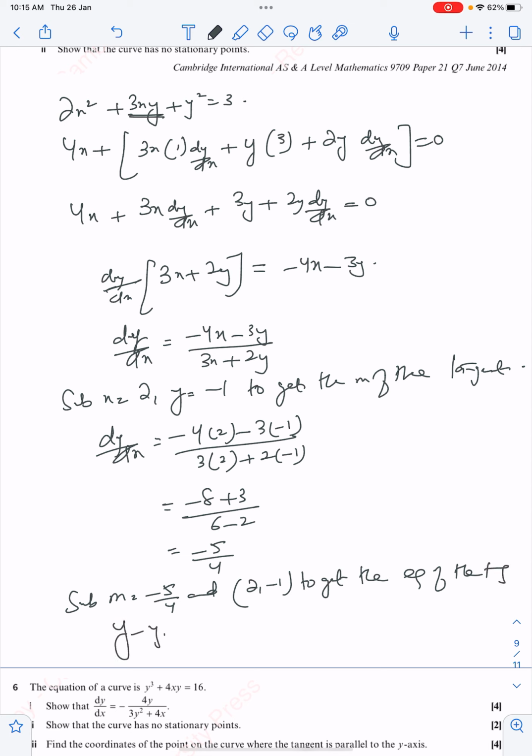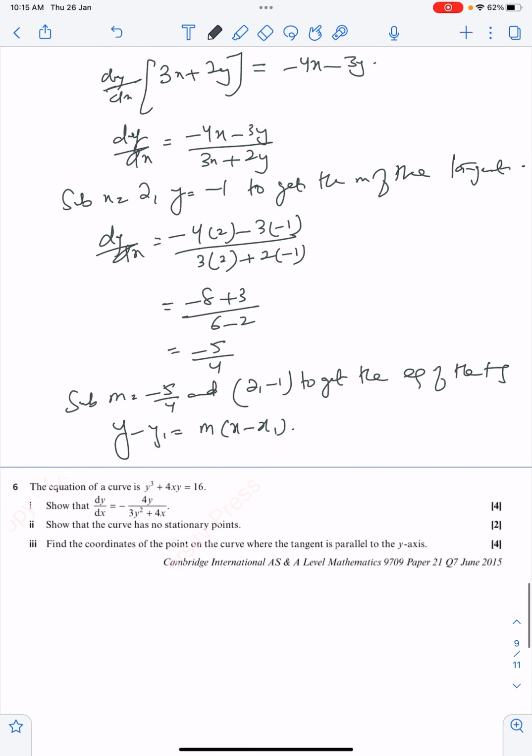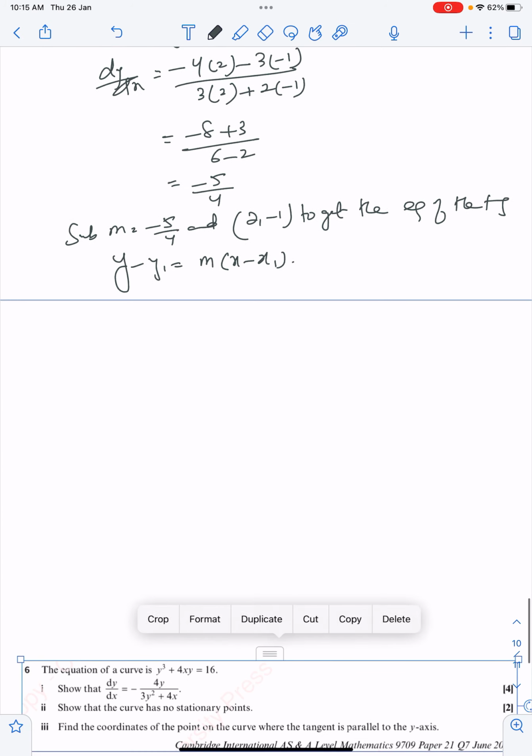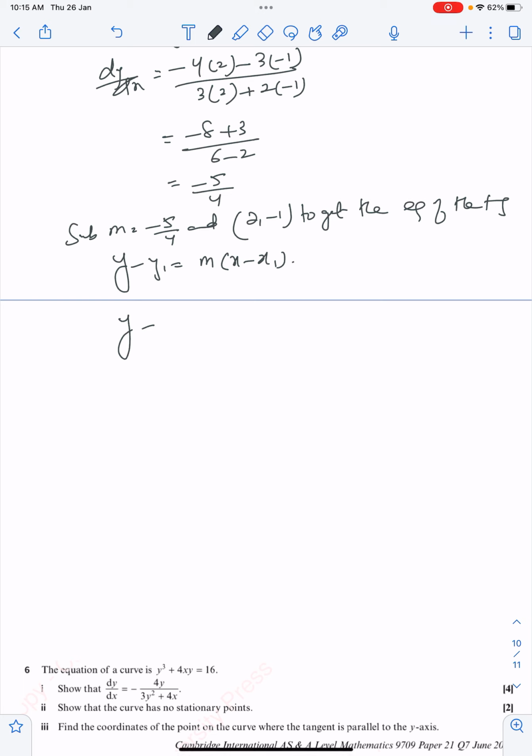Okay, y minus y1 equals m times (x minus x1). So y minus y1 equals gradient times (x minus x1). Cross multiplying, 4 times (y plus 1) equals minus 5 times (x minus 2), which is minus 5x plus 10. So 5x plus 4y equals 10 minus 4, which is 6.